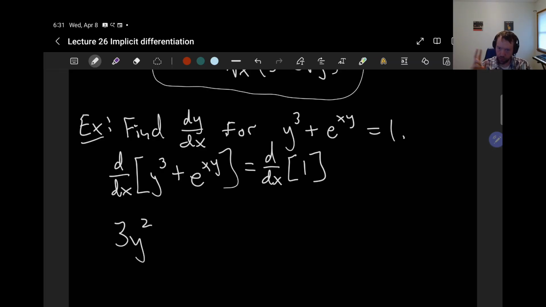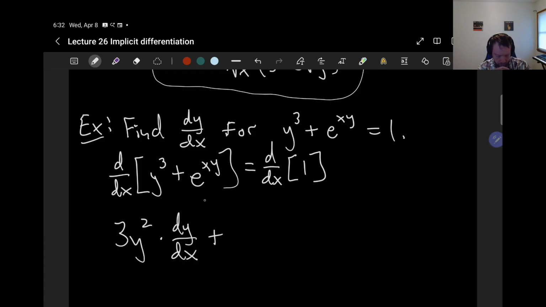So I will do a power rule, 3y squared, but that's really like the outer part of a chain rule problem, so times the derivative of y with respect to x. All right, here we've got y involved as well, so we're also going to have a dy/dx showing up here.